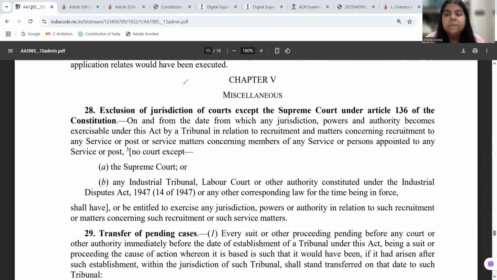Firstly, we need to understand what an administrative tribunal is. To understand that, we need to go to the Constitution first. Article 323A.